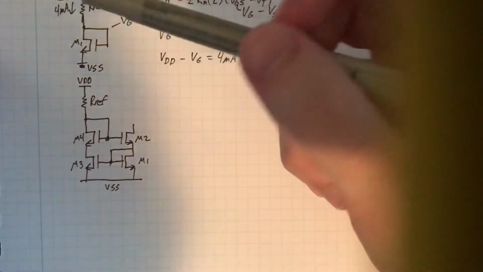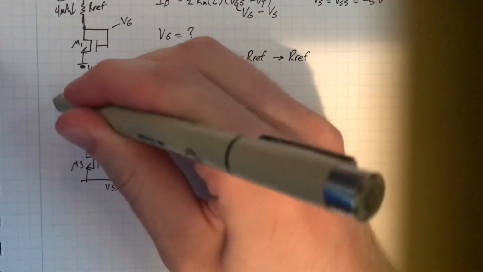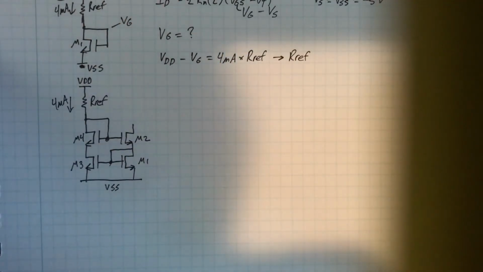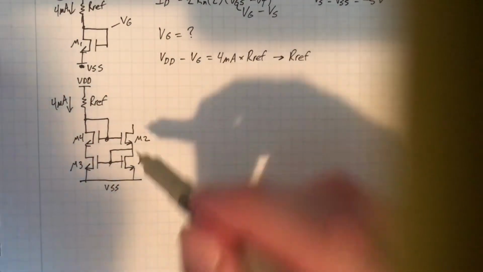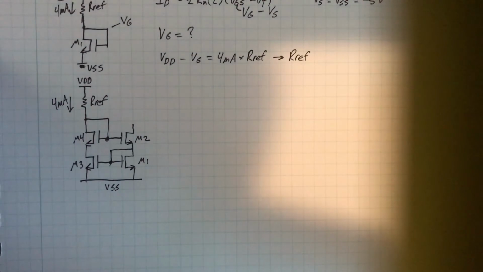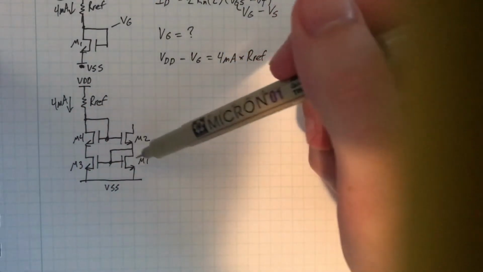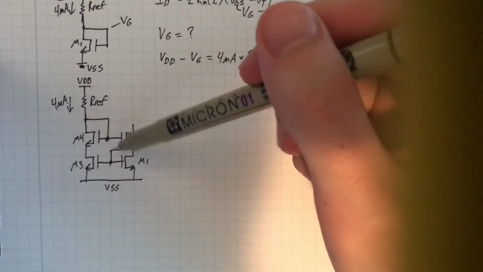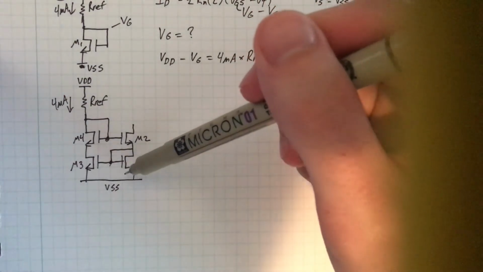In order to figure out the reference resistor, they tell you the current needs to be 4 milliamps. We can do Ohm's law again once we figure out what that voltage is at that node. And a little observation, you'll notice that it needs to be 2 VGS values above VSS.